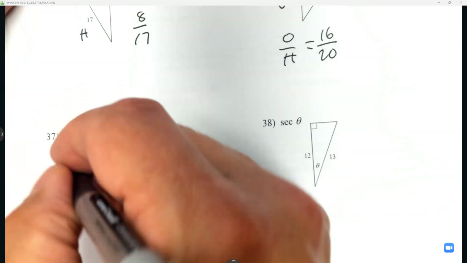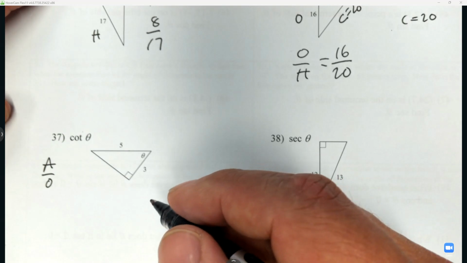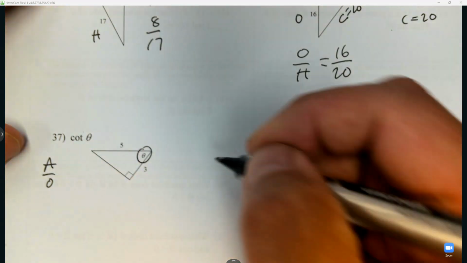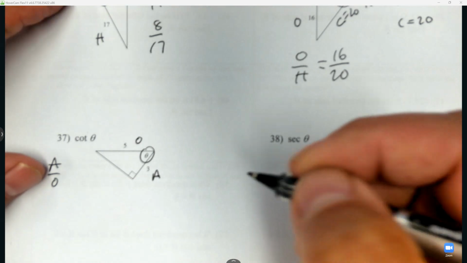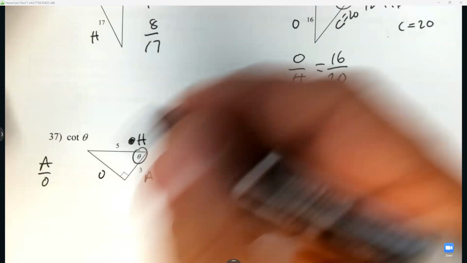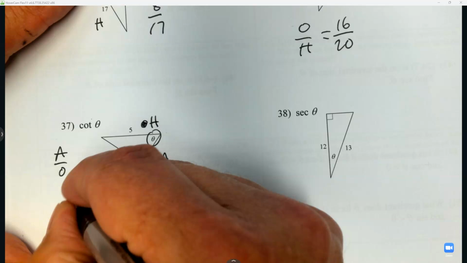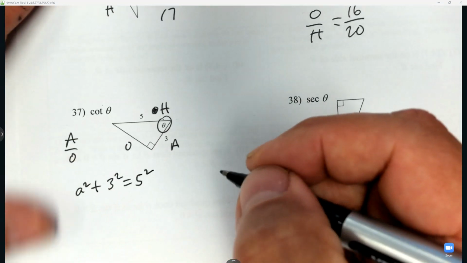Cotangent. That's the reciprocal of tangent. So I flip. Instead of O over A, it's A over O. If I look here, I have my adjacent side and I have my opposite side. No, I don't. That's my hypotenuse. I don't have my opposite side, so I need to solve for it. I'm going to go A squared plus B squared equals C squared, the Pythagorean theorem.